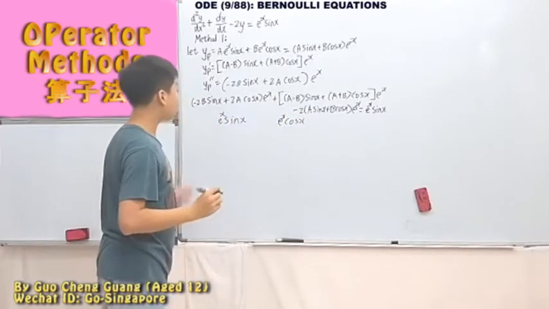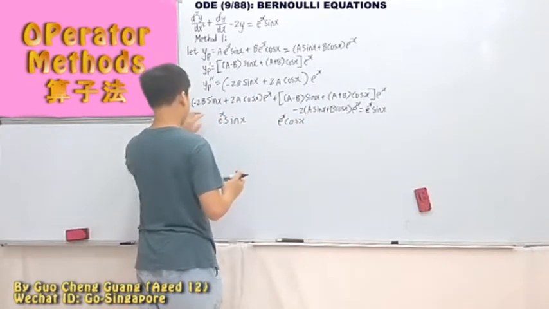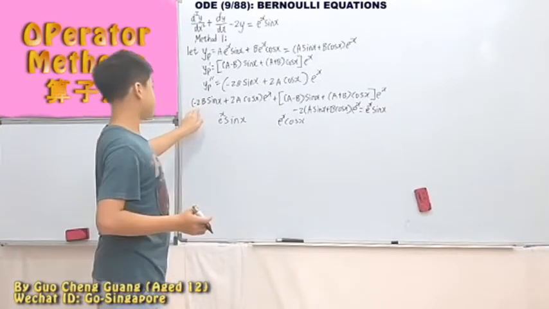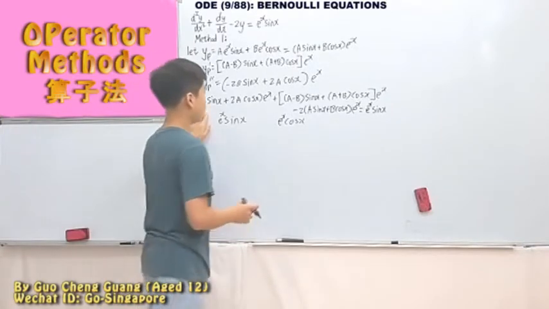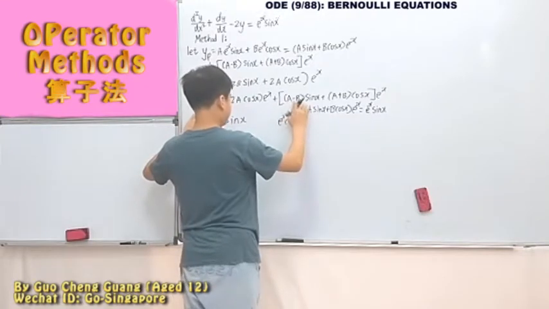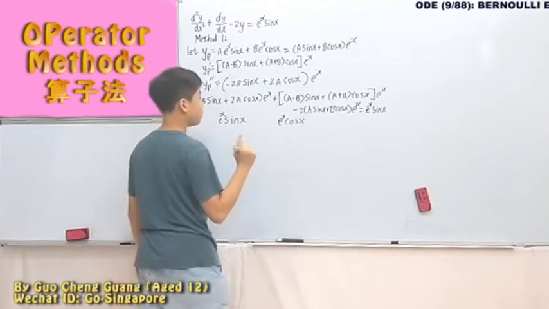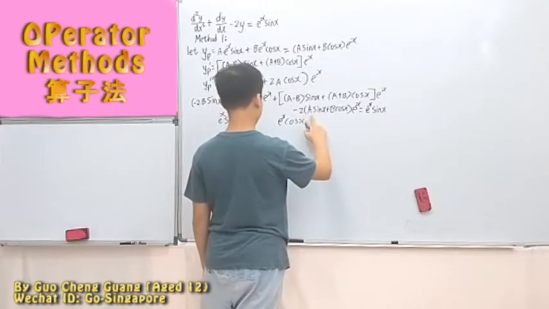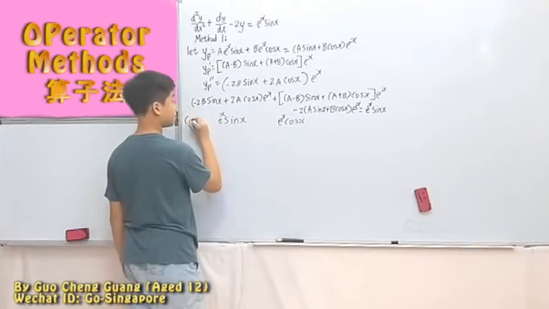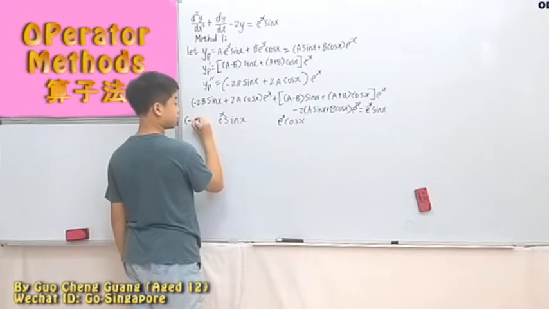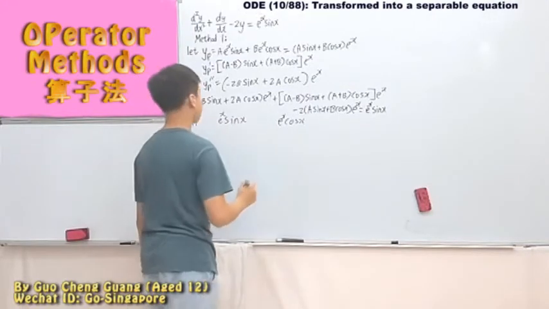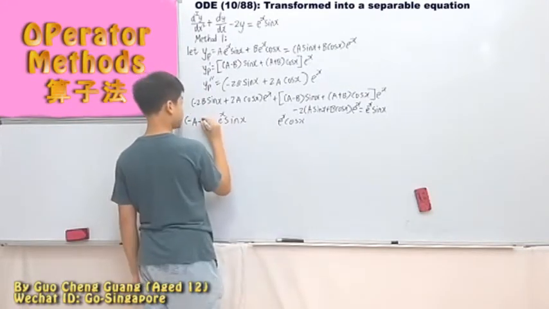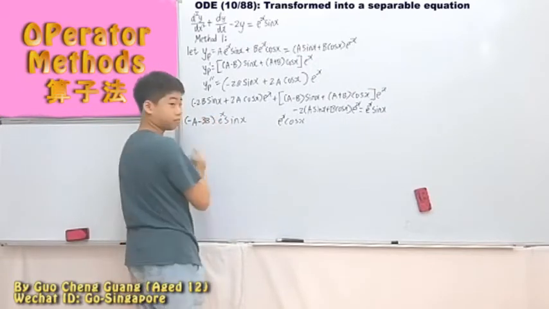Okay, firstly for all the sines. Here, there is a negative 2b. Then you get a minus b. Then after that, you have a negative 2a. So that means you'll get negative a. Then after that, minus 3b.